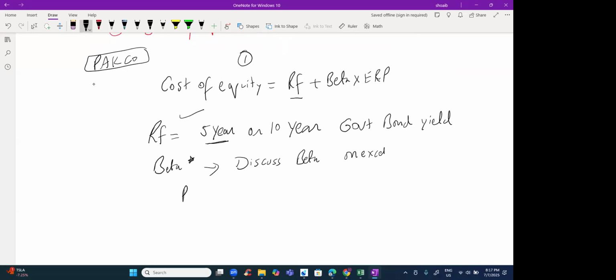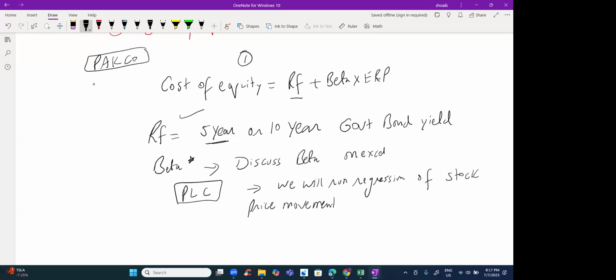If it is a public listed company, we will run a regression of the stock price movement of our company with the market index movement.